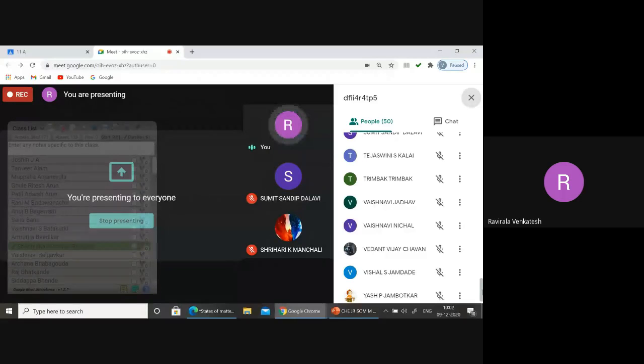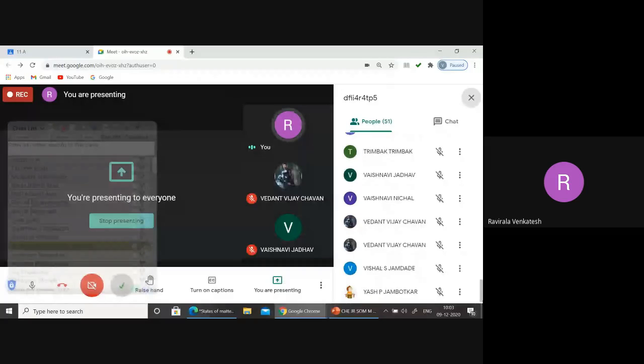Vaishnavi J, Vaishnavi N, Vedant, Vishal present.